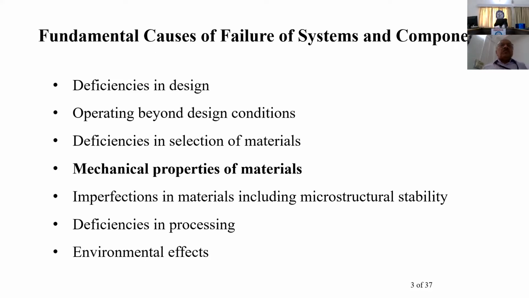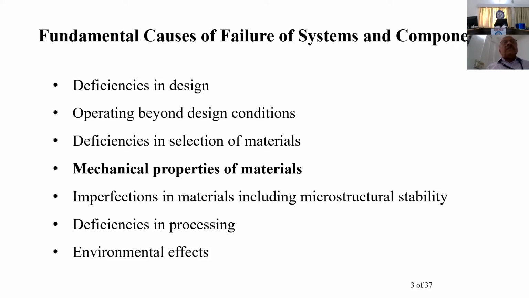Some of the other causes of failure are imperfections in the material, such as laminations or cavities. Or there can be microstructural instability, because when we talk about engineering systems, we are talking of alloy systems, and alloys can undergo a lot of microstructural change as a function of temperature and time. And when the structure changes, the properties also change.